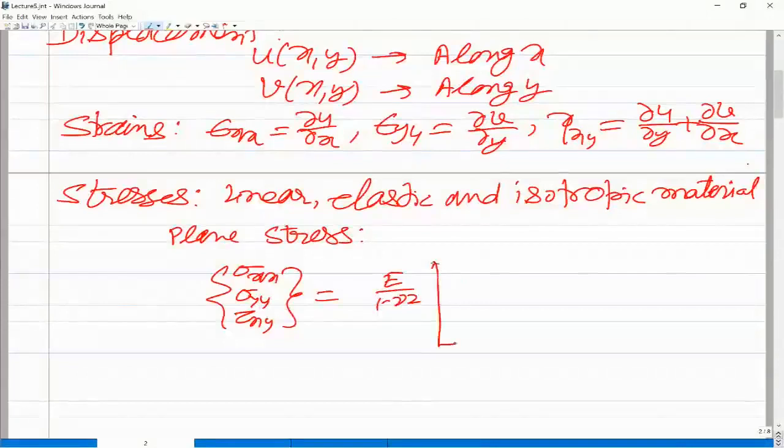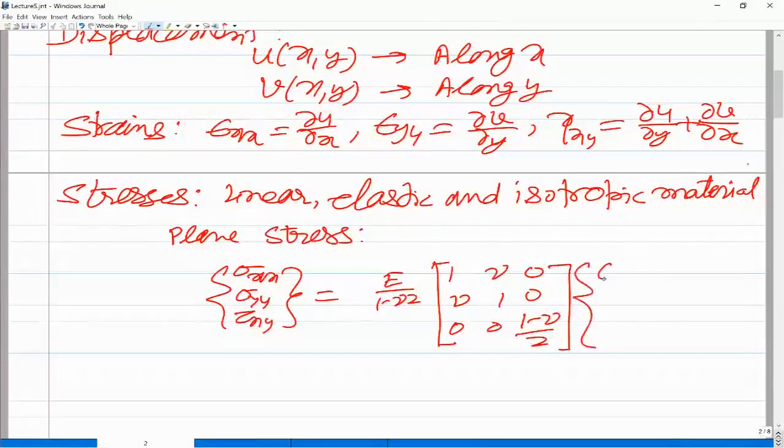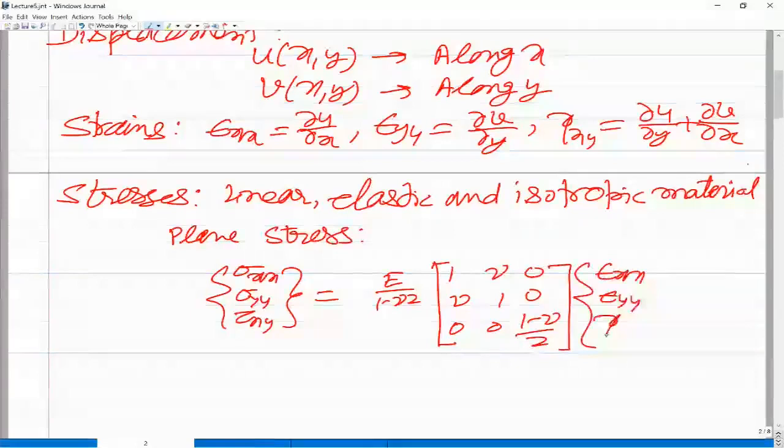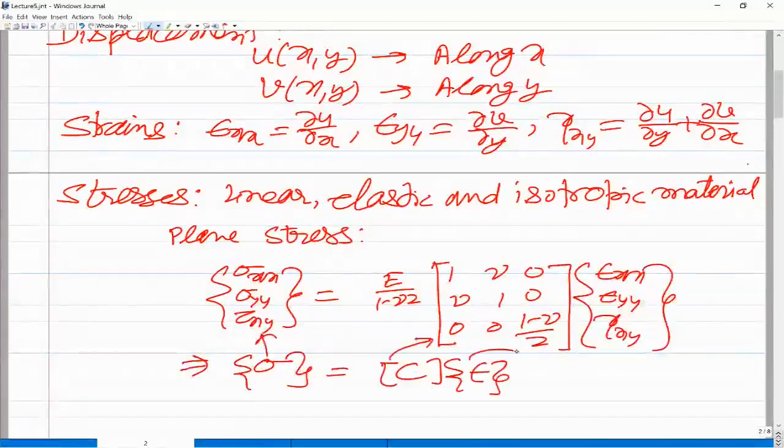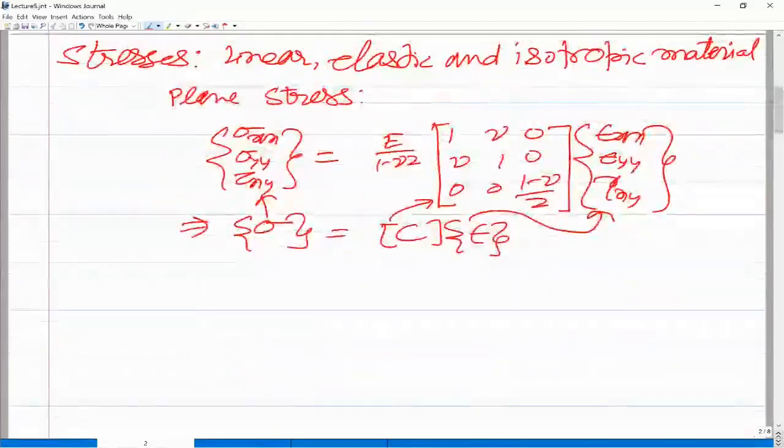The matrix is [1, nu, 0; nu, 1, 0; 0, 0, (1 minus nu)/2], multiplied by epsilon xx, epsilon yy, and gamma xy. We can also put this in symbolic form: sigma is equal to C into epsilon, where sigma is this, C is this, and epsilon is this. This is for the plane stress.